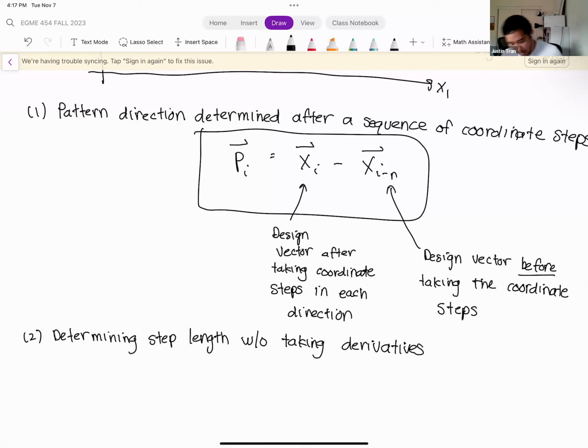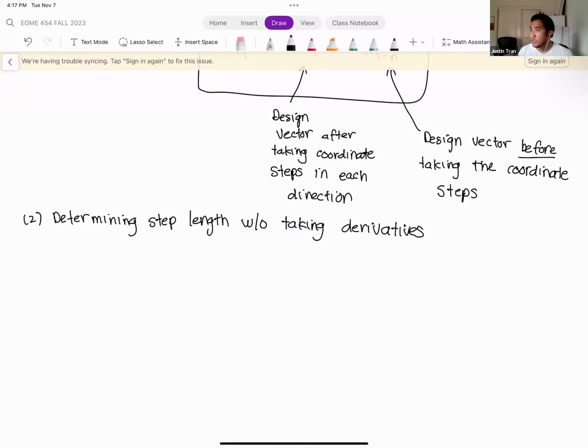When we did our original coordinate search example, we found the step length using classical methods. We took a derivative with respect to that step length, set it equal to 0, and solved for lambda. That's a luxury that's not always going to be available to us if we have a non-differentiable objective function, just like you may have in the final project. If you're planning on using pattern search or coordinate search for your final project, you need a different method for determining that step length.